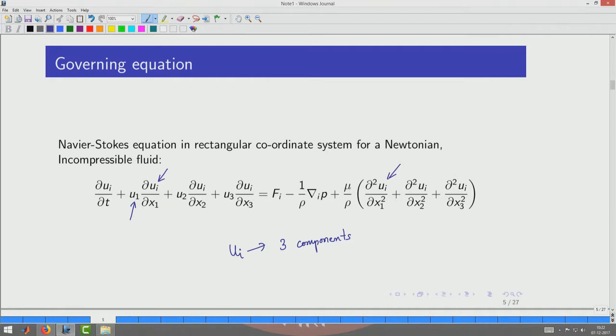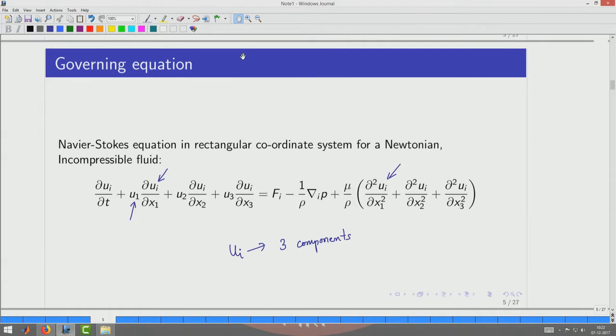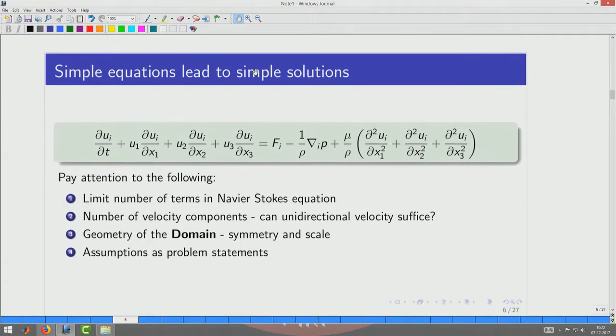So, what we are going to do is make the situation much simpler by assuming a list of conditions that we will discuss as we go along. The equations are going to be made simpler as follows. The first thing is that instead of solving 3 equations for 3 components, we will see whether we can limit the number of components.